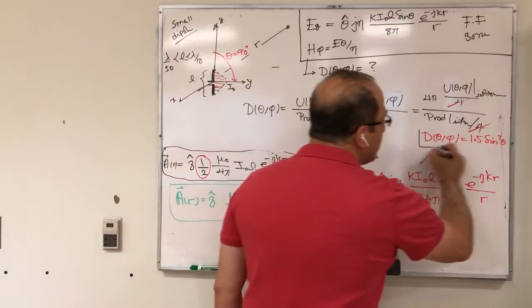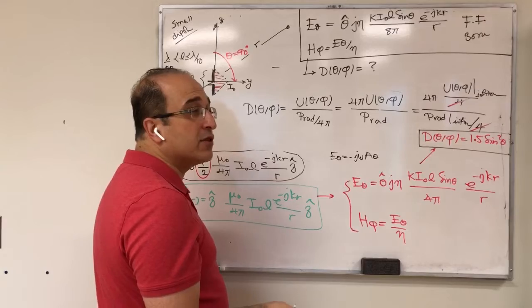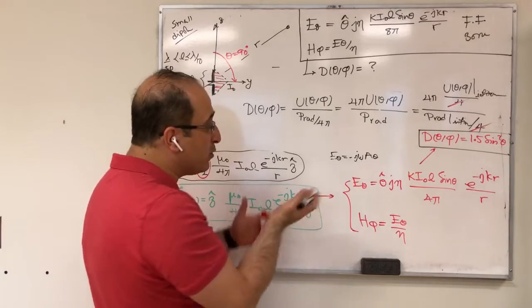If you calculate the directivity of a small dipole, you could do that without going through this similarity.